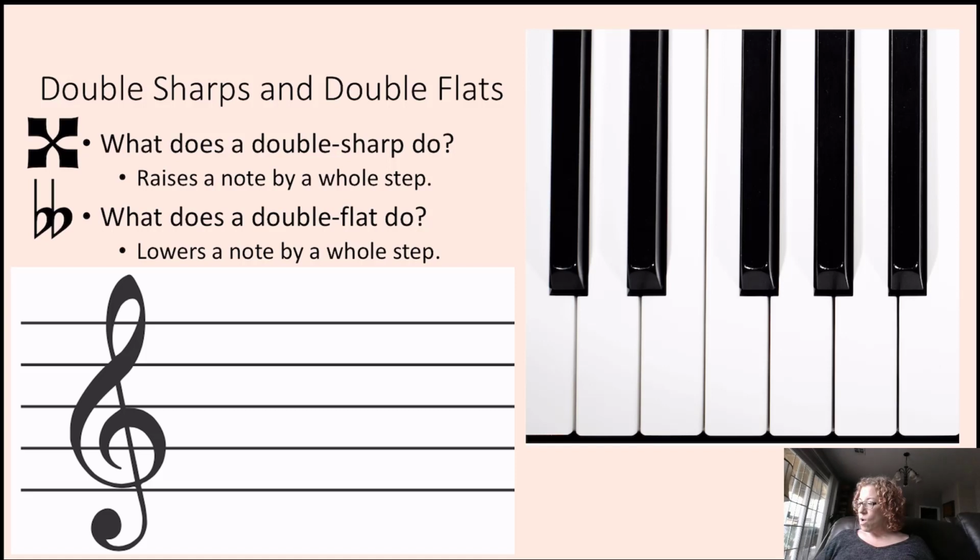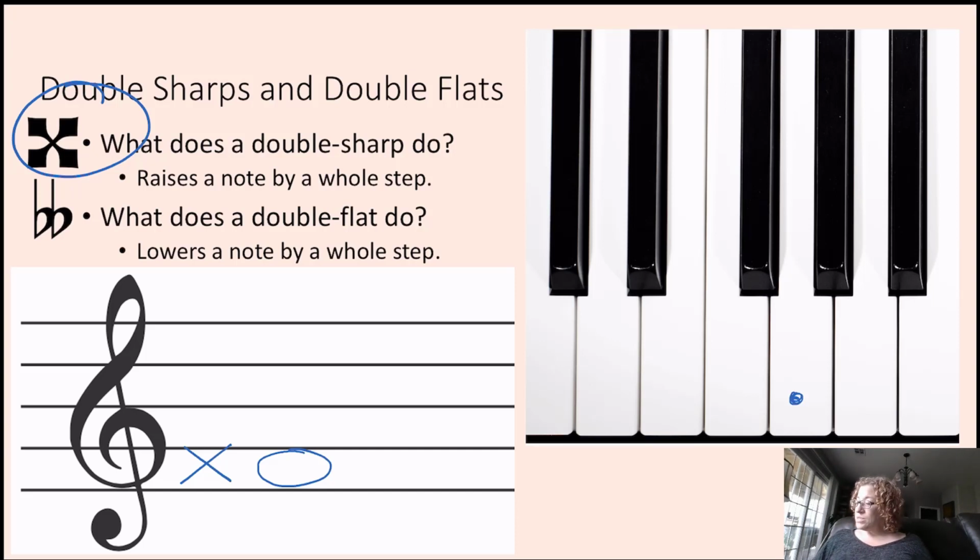If I say I want F double sharp, I'll put an X in front of it. The thing here is kind of a fancy X, but whatever. F double sharp, right? What I'm actually going to play on the piano is the G. Wait, what? Raise it a whole step.